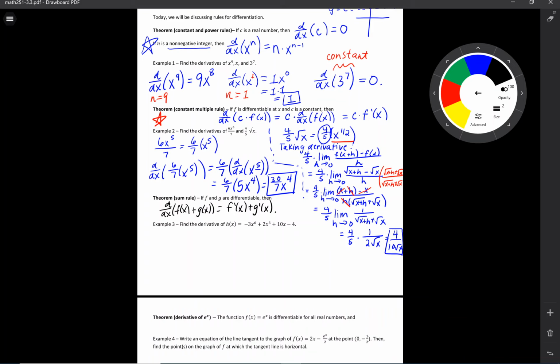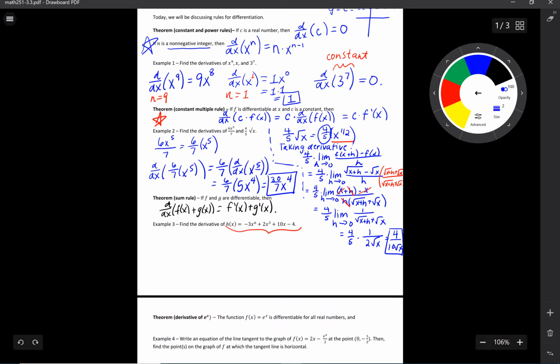So for example, if I wanted to find the derivative of this guy, even though it's more than two terms, that's okay. The sum rule applies for as many terms as we have. So I'm going to take the derivative of each individual term and then add them together.